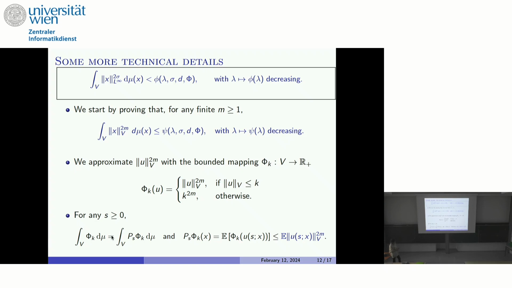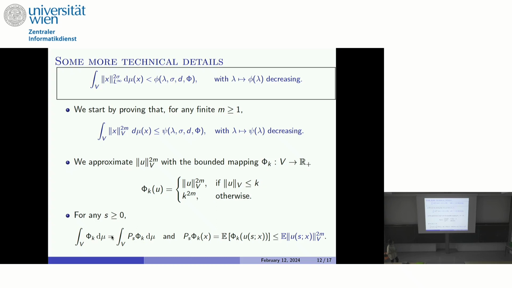So the first thing to prove is that we have an estimate of this type. The result by Ekren, Kukavica, and Tzvetkov tells us that the invariant measure is supported in the energy space V, and we just need to derive some moment estimate of the V norm with respect to the invariant measure. And we have to be really careful because we have to check the dependence on the parameter lambda.